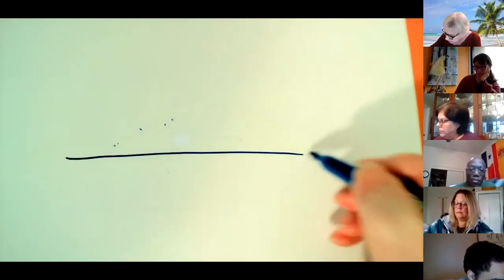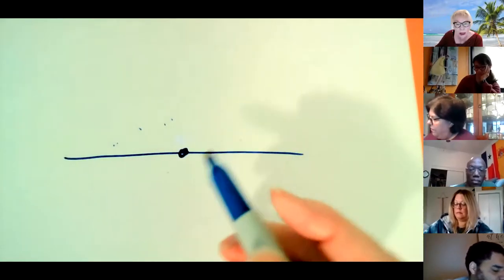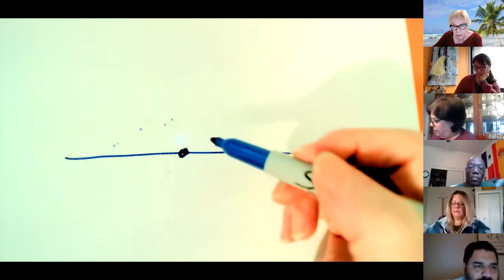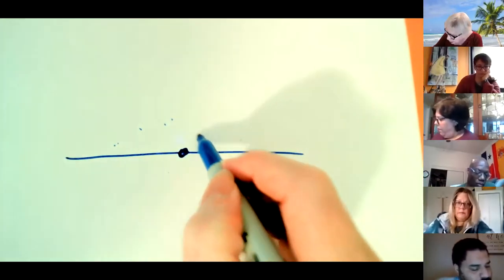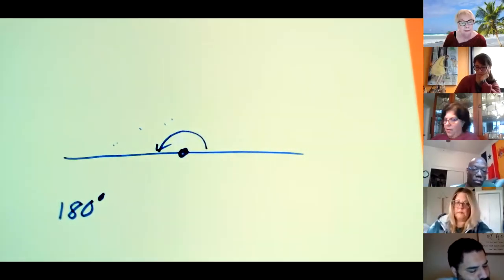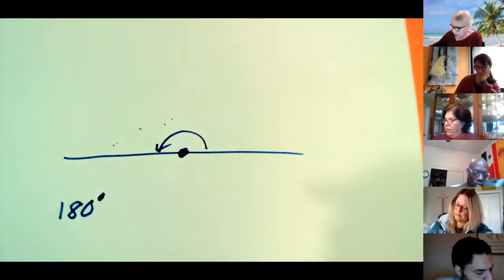They did one other one, and if straight up is 90 degrees, like I just drew, this is 180 degrees. So it's a 90 on the left and a 90 on the right, and it's totaling 180 degrees.